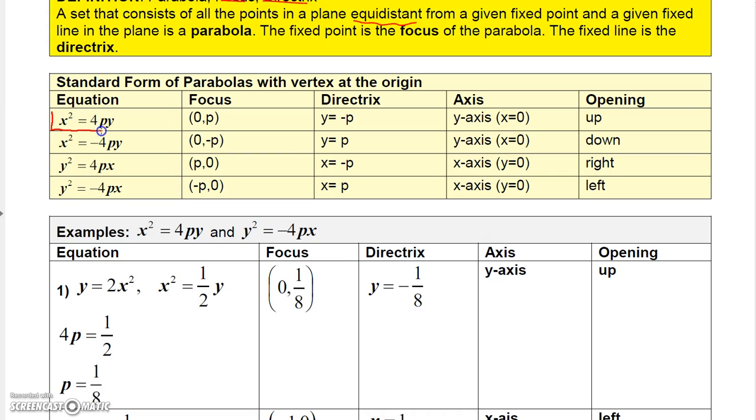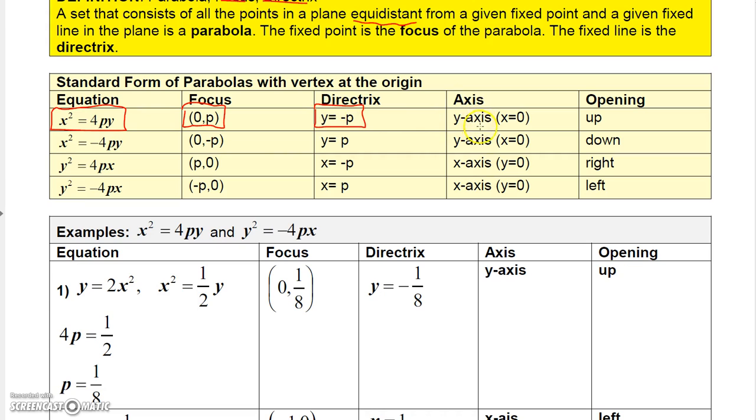If your parabola is written in the form x squared equals 4py, now 4p is just the constant, so x squared equals some constant times y. Then the focus is the point (0, p), and the directrix is the line y equals negative p.